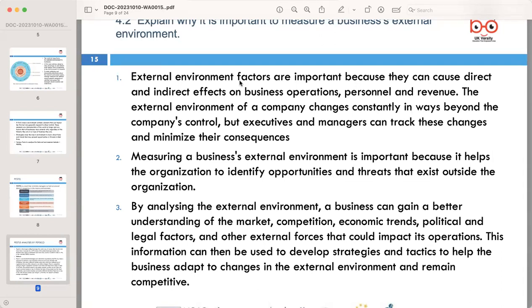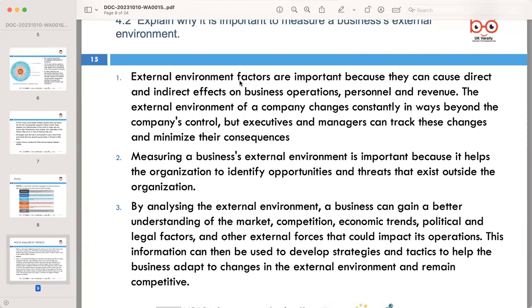So measuring a business's external environment is important because it helps the organization to identify opportunities and threats that exist outside the organization.